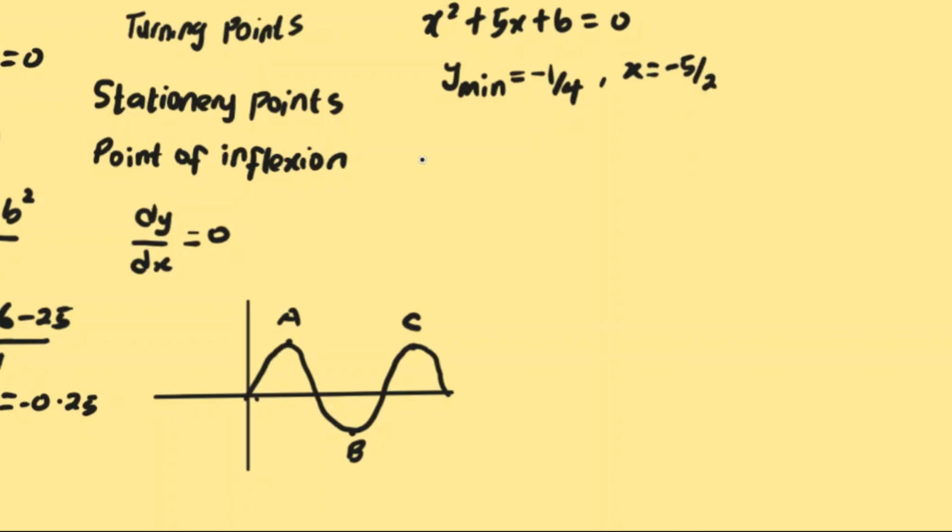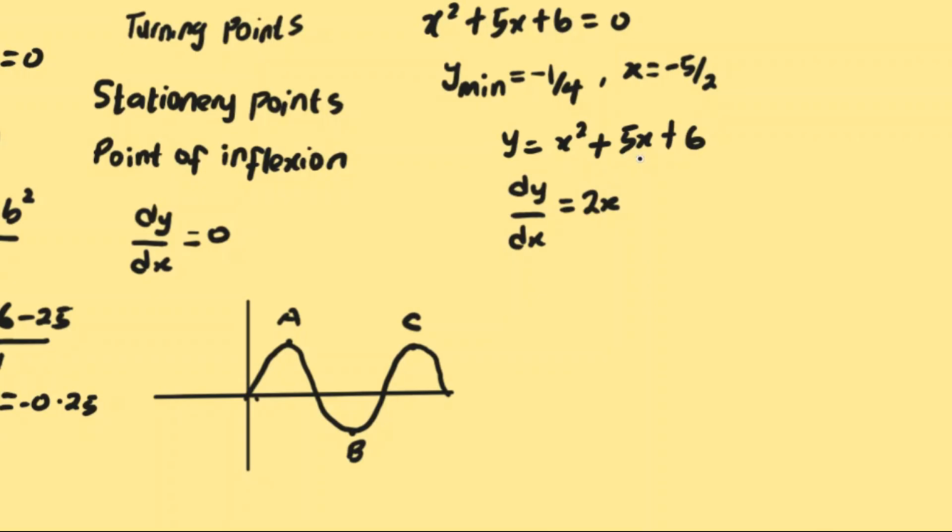Now, using the application of differential calculus, since our y is equivalent to x squared plus 5x plus 6, and at every stationary point we know that dy/dx will give us 0, it means that if we differentiate x squared, this will give us 2x.